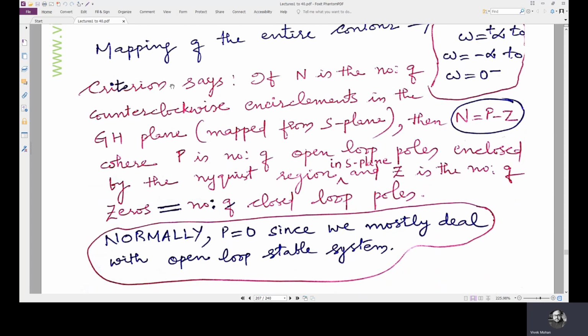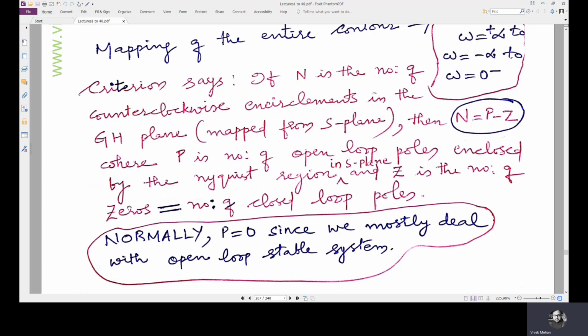Now, what is the Nyquist criterion? The criterion says if n is the number of counterclockwise encirclements in the GH plane, now we have shifted from the 1 plus GH plane to the GH plane. This is the plane under consideration, the open loop transfer function plane, the open loop plane, which is mapped from the s plane. Then n equals P minus Z, where P is the number of open loop poles enclosed by the Nyquist region in the s plane, and Z is the number of zeros.